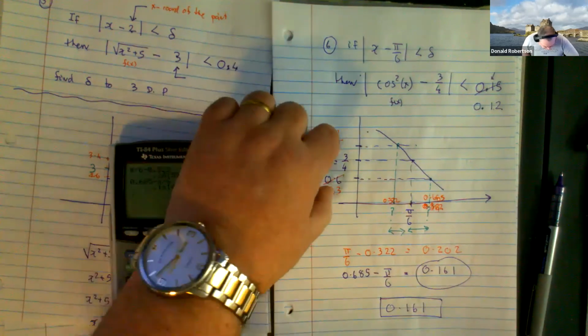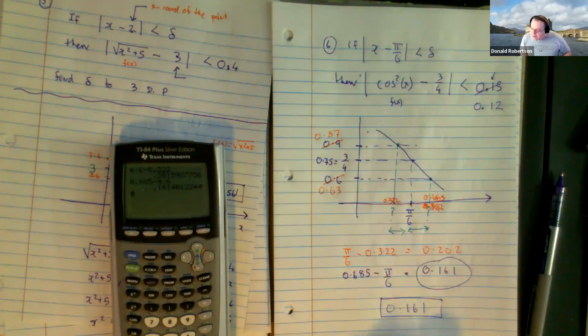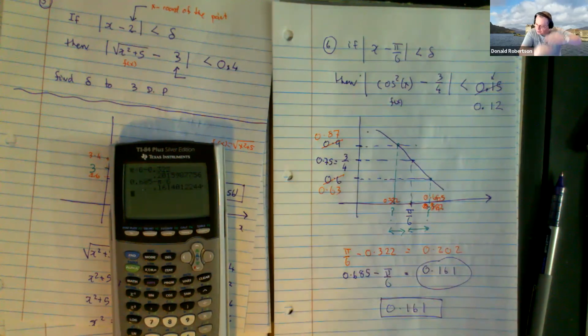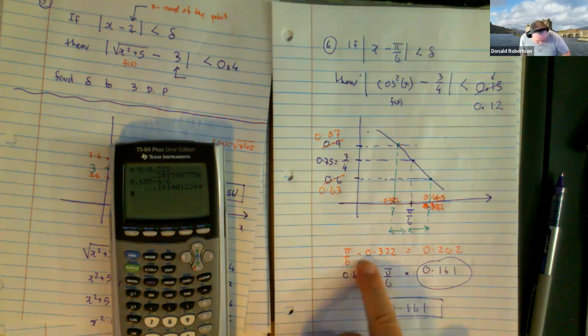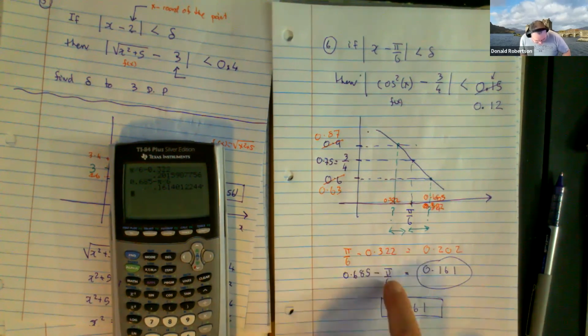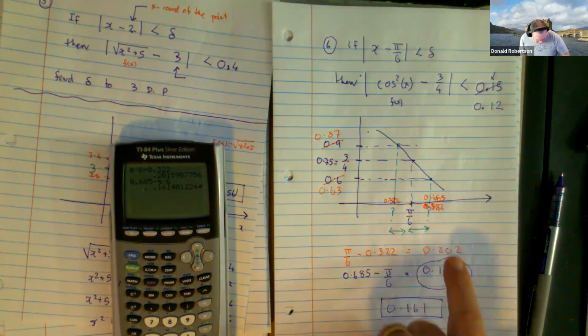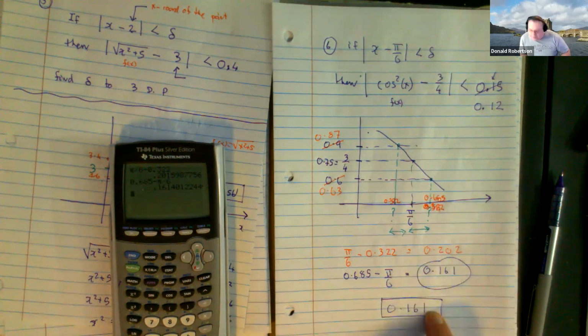You see, these would be the two numbers that you would be solving your equations for, right? So if you change the y values, obviously cosine squared x is going to be equal to your particular y values. And once you've got your two numbers, you'll do pi upon 6, take away the little guy, and the big guy, take away pi upon 6 to get your potential deltas. And then the last decision is whichever is smaller, there's your answer.